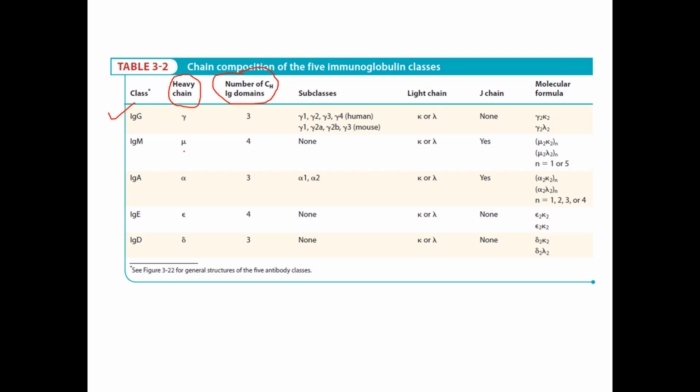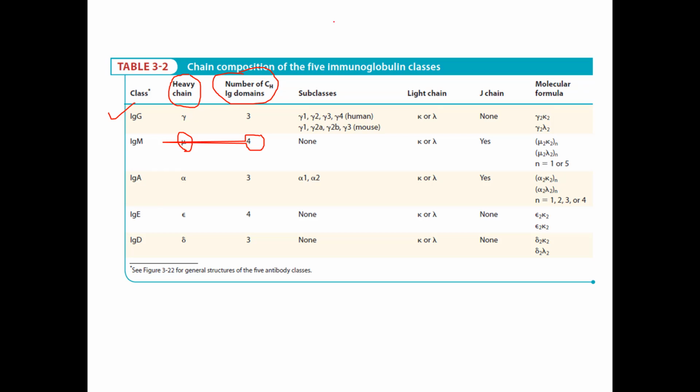IgM, composed of heavy chain mu, consists of four constant domains. IgA, composed of heavy chain alpha, consists of three constant domains. IgE, composed of heavy chain epsilon, consists of four constant domains. IgD consists of heavy chain delta, and it has three constant domains.